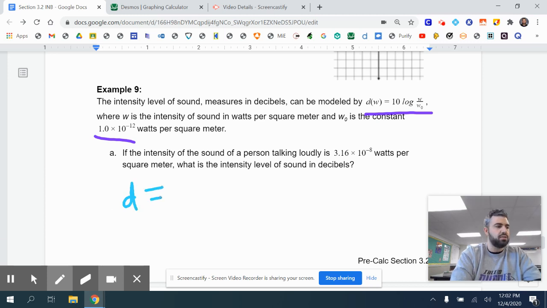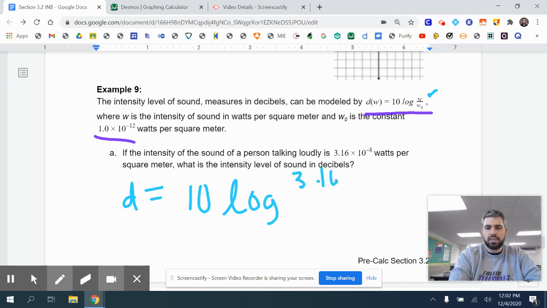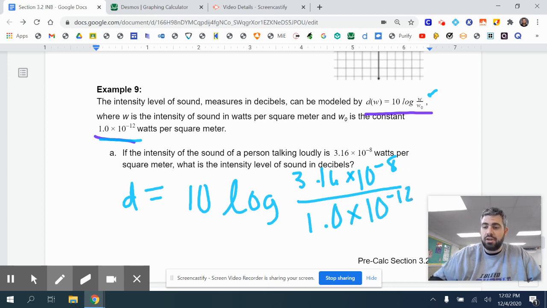Well, D is going to be, our equation was 10 log of W, which they just told us is 3.16 times 10 to the negative 8, over our constant, which we were given, 1.0 times 10 to the negative 12. So this is actually just a number, and we can put this into our calculator, right?